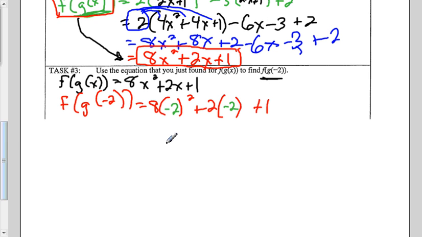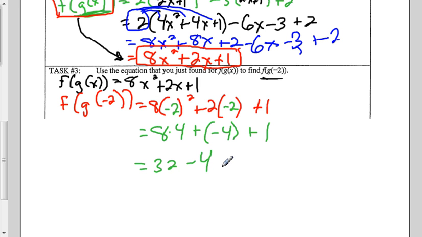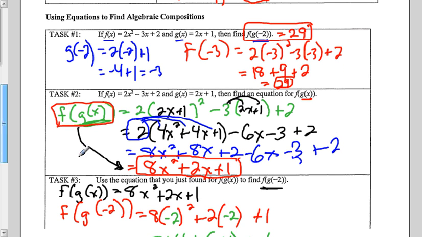And negative 2 squared is positive 4. 2 times negative 2 is negative 4. So I get 32 minus 4 is 28, plus 1 is 29. And that's exactly what I got on task number 1.